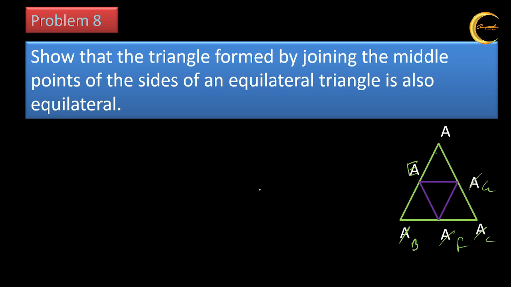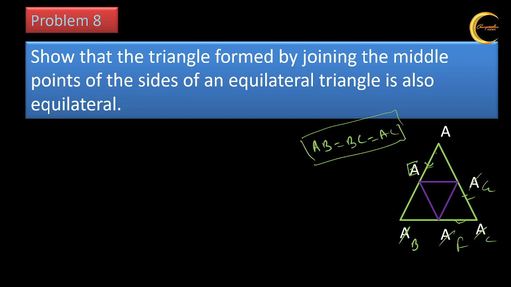Now you see here. This is the equilateral triangle, meaning all three sides are equal: AB equals BC equals AC.